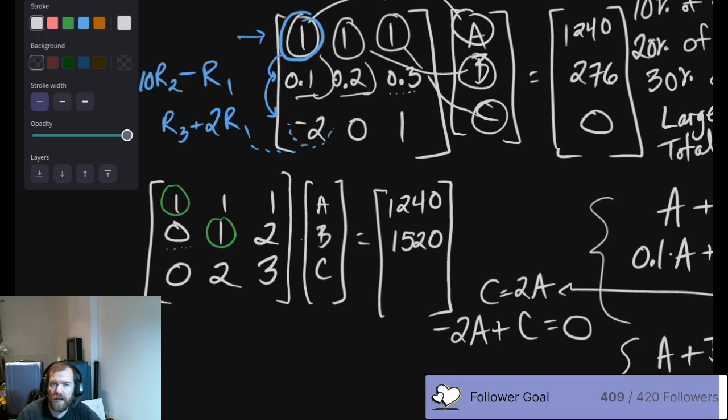Yeah, 2 of row 1. Then we're going to do the same thing with our constants. So we have a 0 plus 2 of row 1. So this is going to be 2,480.